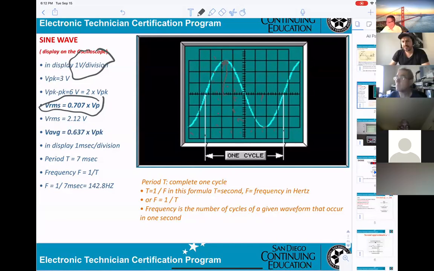So the period is from where to where? The period will be from a similar point of the signal. Okay, you see right here. They start to go up, they go down, it's not counted. How do you find the VP right next to VRMS?